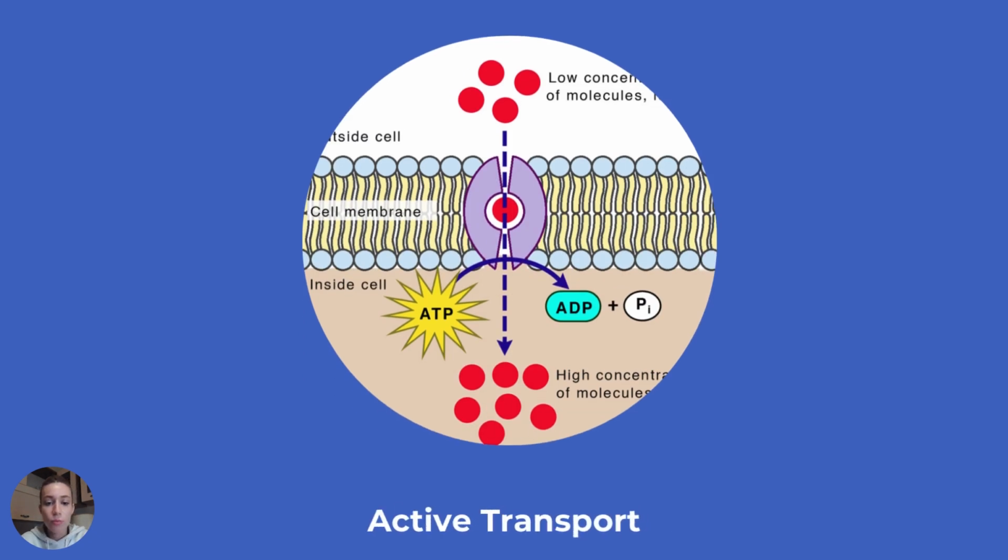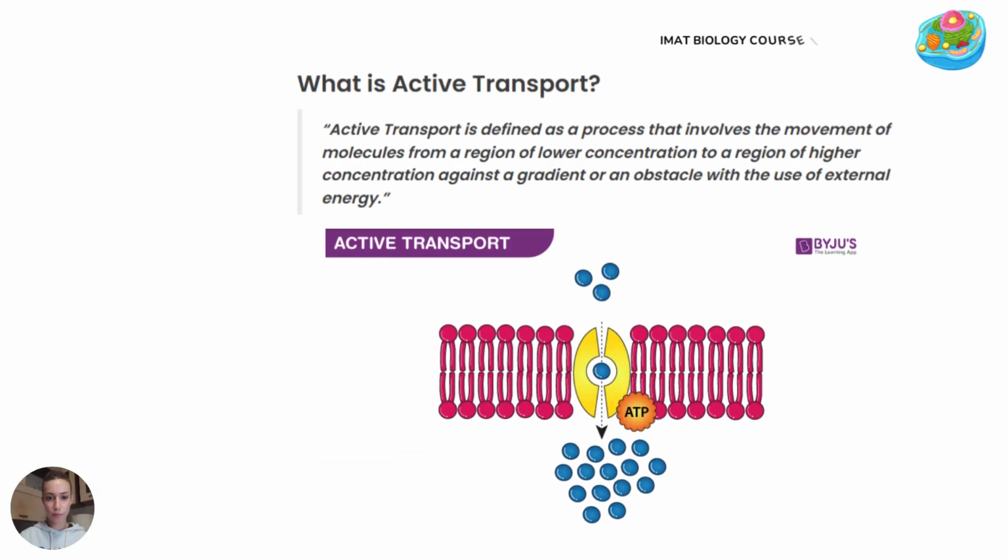And now we are going to move on with active transport: what it is, what the conditions are, and what we transport with active transport. Active transport, by definition, is the process that involves movement of molecules from a region of lower concentration to a region of higher concentration.